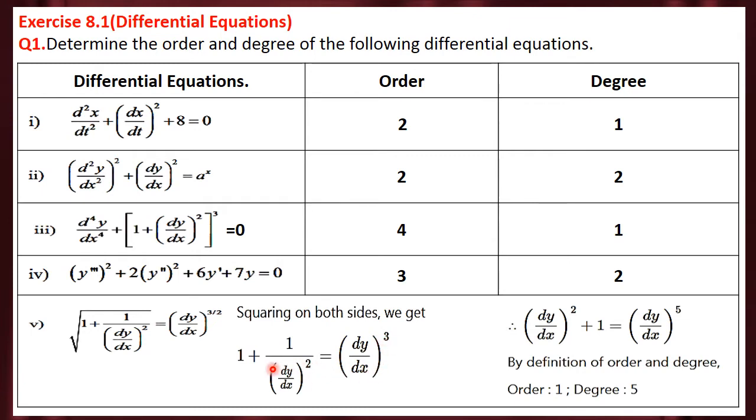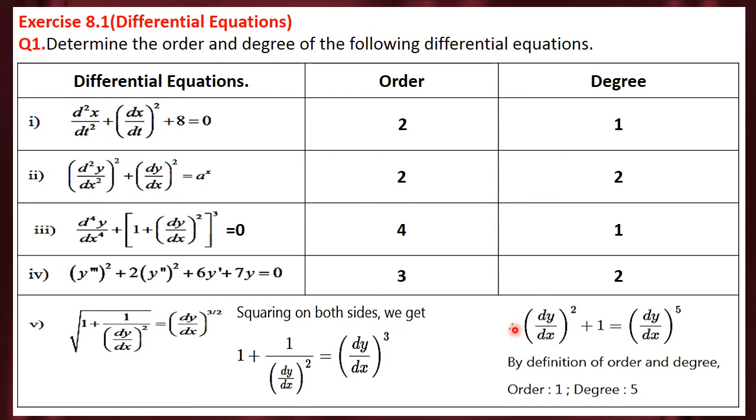Now we will remove the derivative in the denominator by cross multiplying. That is 1 into dy by dx the whole square plus 1 upon dy by dx the whole square. So dy by dx the whole square plus 1, and the denominator part we will move to the right hand side. Then it will become dy by dx the whole raised to 5.